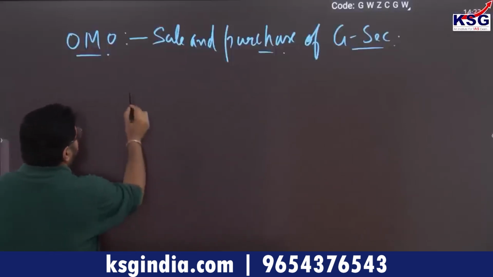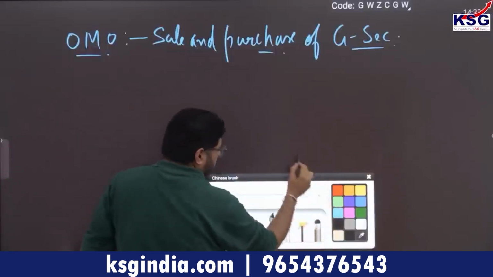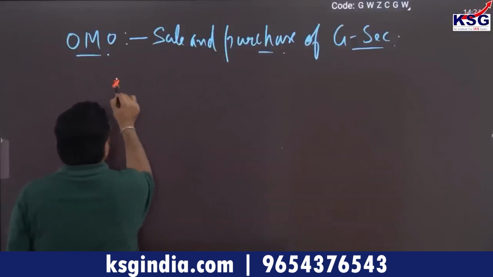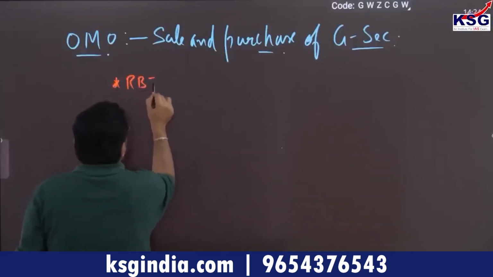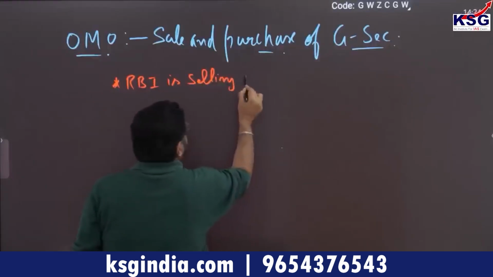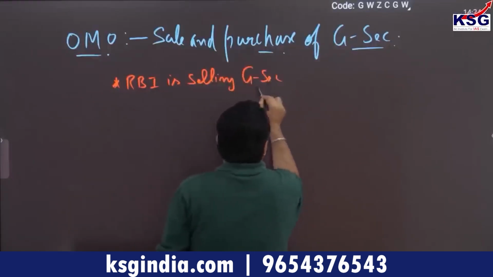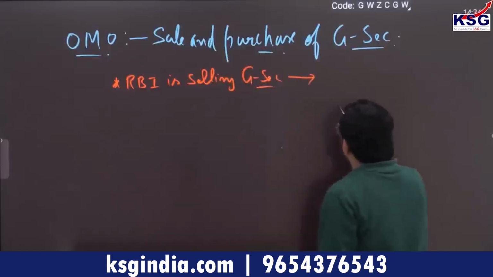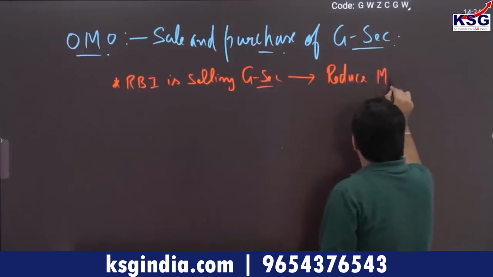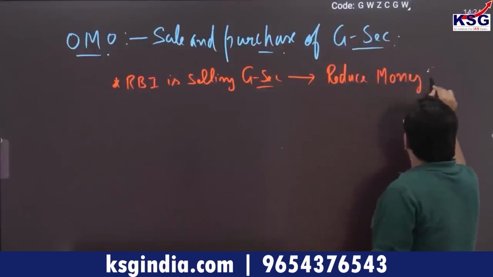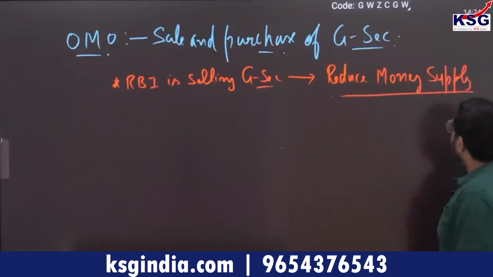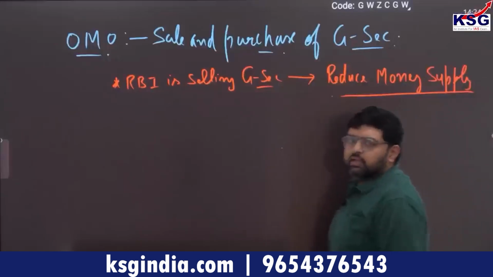So ultimately, whenever RBI is selling government securities, it means they want to reduce money supply. They want to reduce money supply in the market.